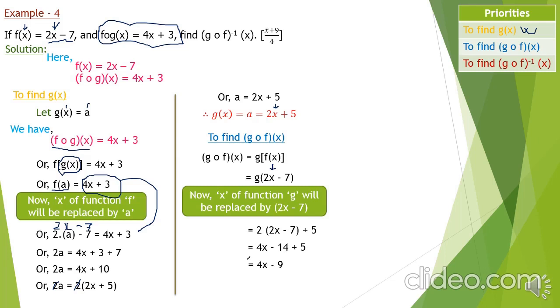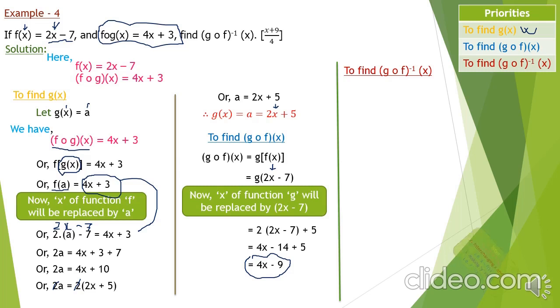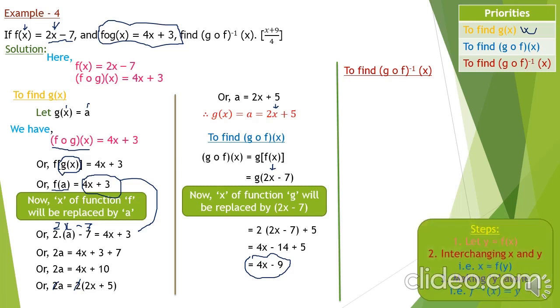Okay, we have to suppose y equal to 4x minus 9. Now to find (g o f) inverse of x, let's see the steps.